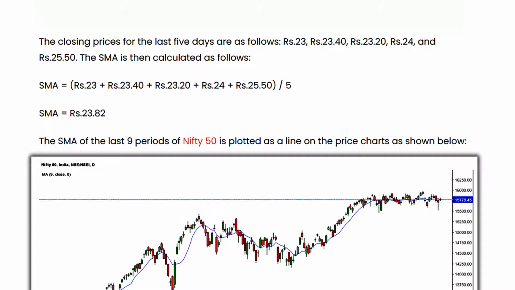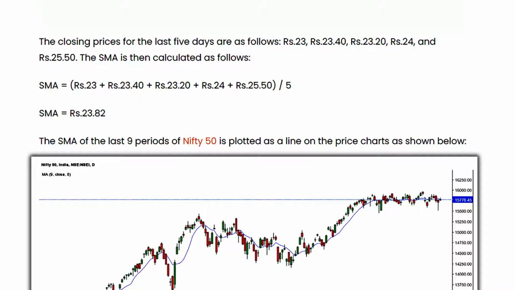For example, a stock trader wants to calculate the simple moving average for a stock by taking its closing price for the last 5 days. The closing prices for the last 5 days are as follows: 23 rupees, 23.40 rupees, 23.20 rupees, 24 rupees, and 25.50 rupees. The SMA is then calculated as follows.